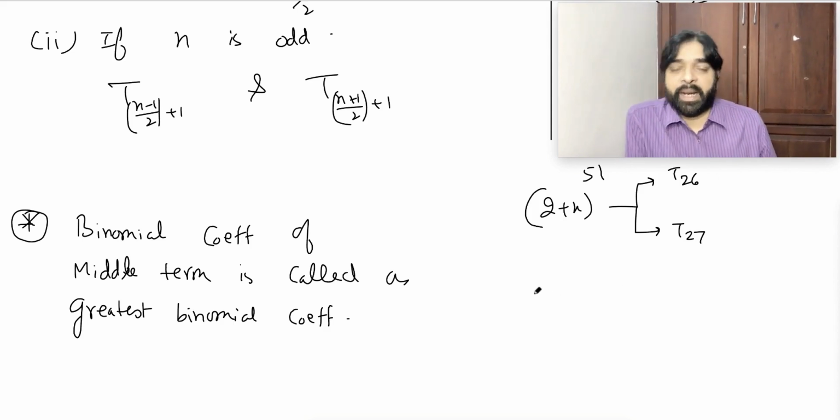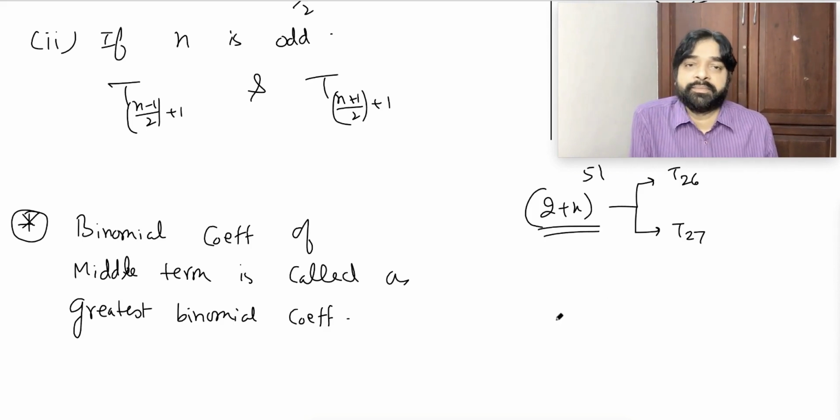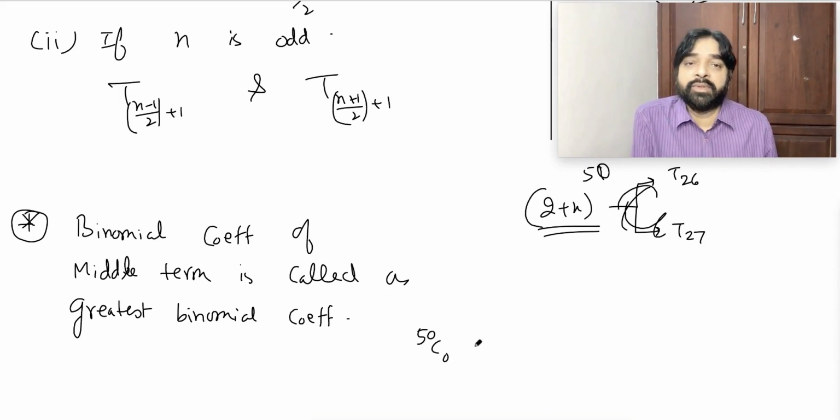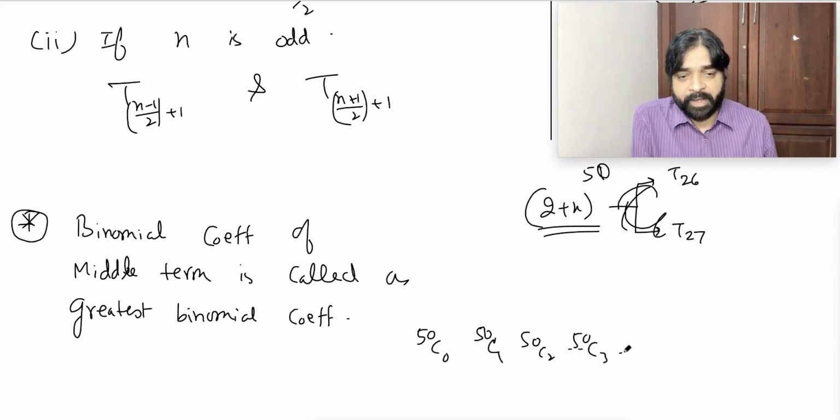Any bracket, if you expand, suppose I am expanding 2 plus x power 50. If I am expanding this binomial, can we write all the binomial coefficients? Yes. What will come? 50C0, next 50C1, next 50C2, and so on, 50C3 and so on.